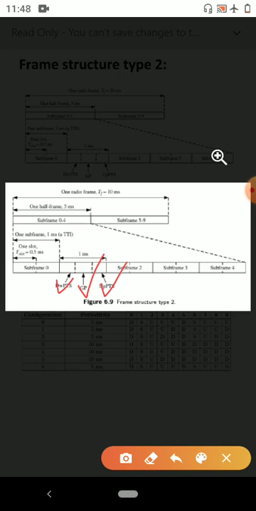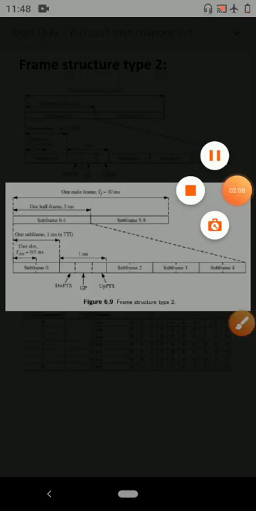And they are maintained in the LTE time division duplex mode to provide sufficiently large guard periods for the equipment to switch between transmission and reception.